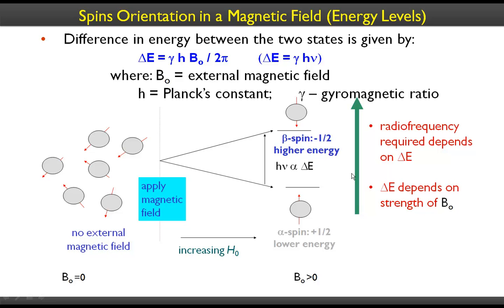And we keep the magnetic field constant, and we use a varying frequency of the radio waves, and then we try to match this energy difference. And when the energy difference is matched, it produces a peak. Right? We measure the emittance or absorbance, and that would produce the peaks on the NMR. So the bigger the difference, the stronger the peak. It would be bigger when you have higher gyromagnetic ratio and higher magnetic field.